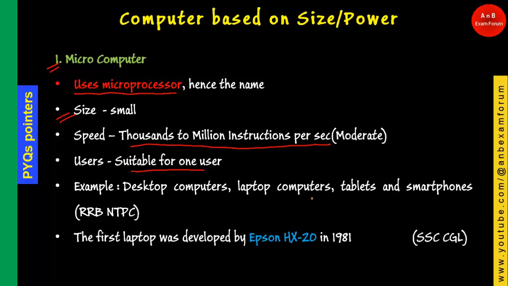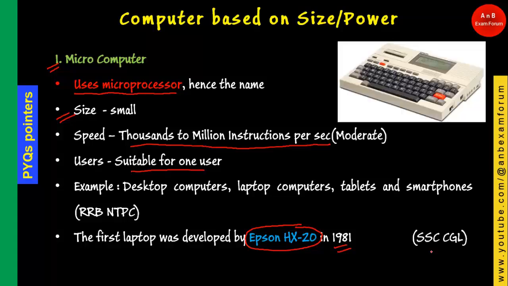And the first laptop was developed by Epson HX20. That is the first laptop name, and it was developed in 1981, and this pointer was asked in SSC CGL. And how it looks, it looked like this.